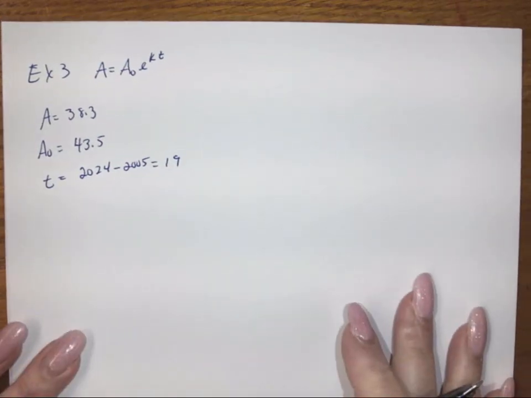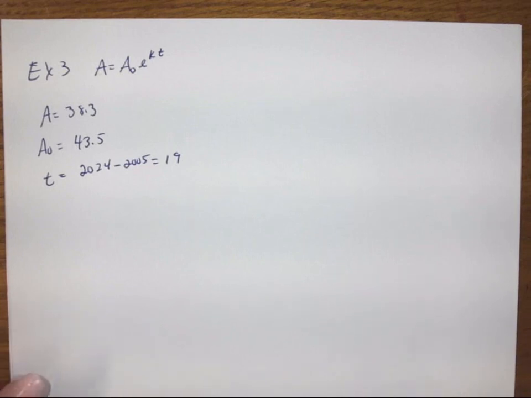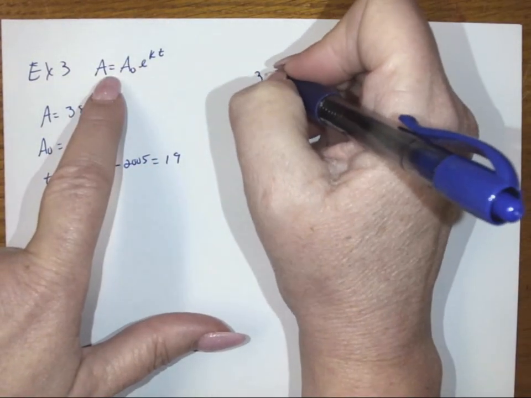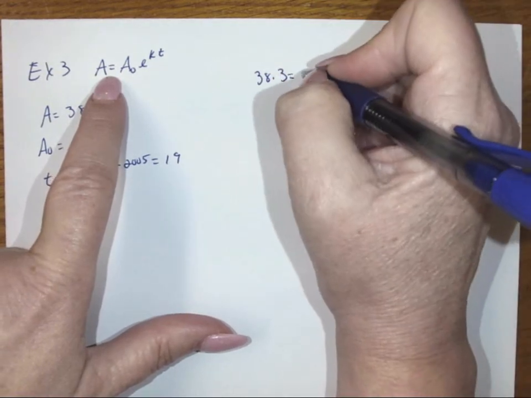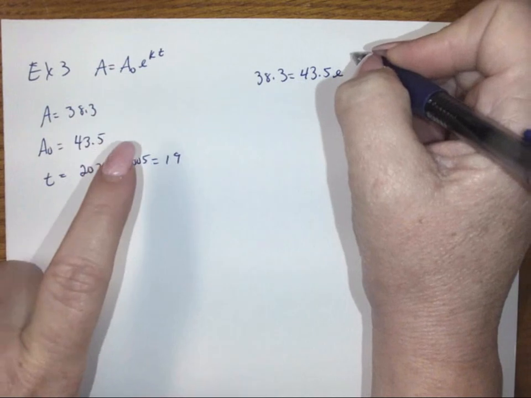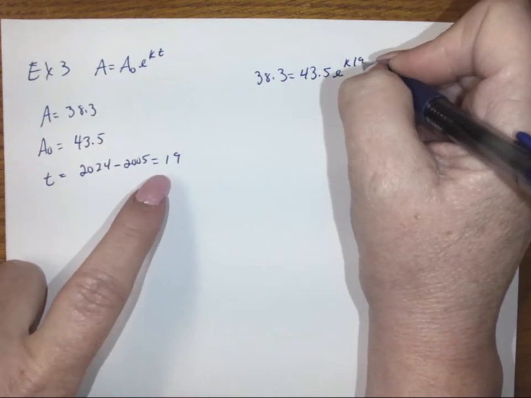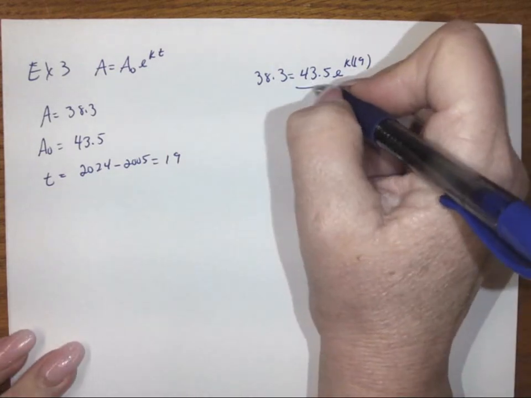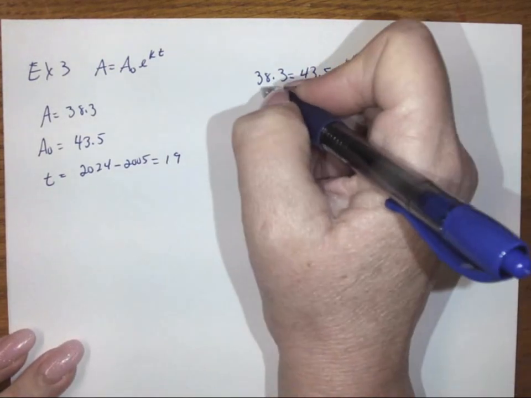So let's take our formula and plug in what we know. So using our formula here, we'll have 38.3 is equal to 43.5 e to the k times 19. Now we'll divide both sides by 43.5.